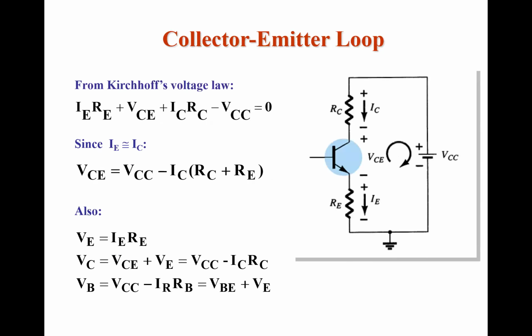Similarly, we apply the Kirchhoff voltage law for the output loop: VCC minus ICRC minus VCE minus IERE equal to 0. From this expression, we calculate the IC value from the output loop, and from the input loop, we calculate the input current IB value. We almost know that IC is approximately equal to IE.